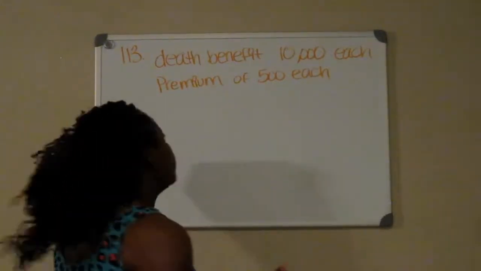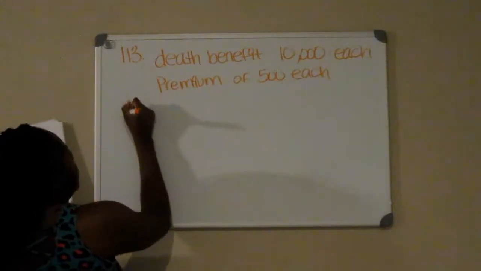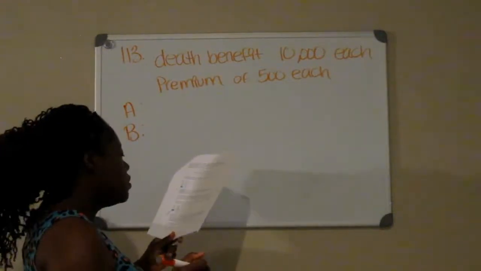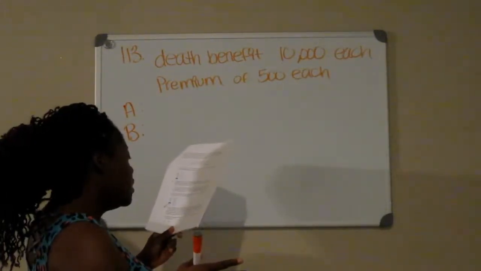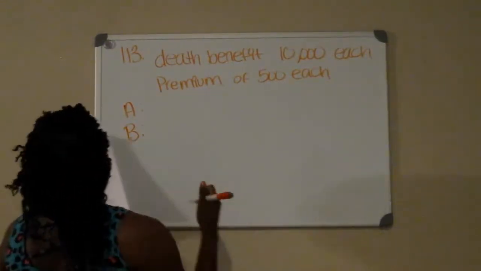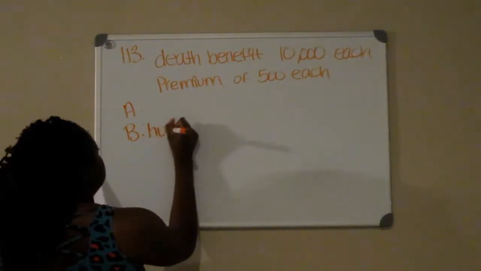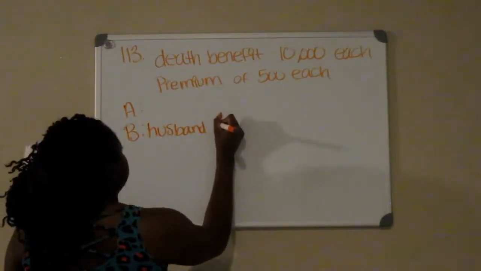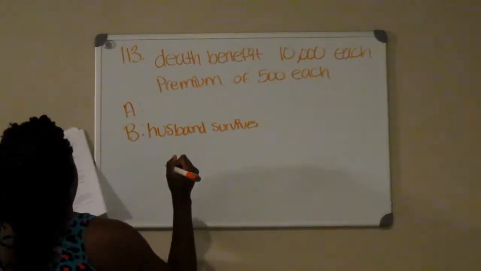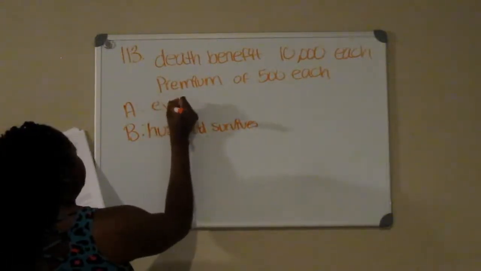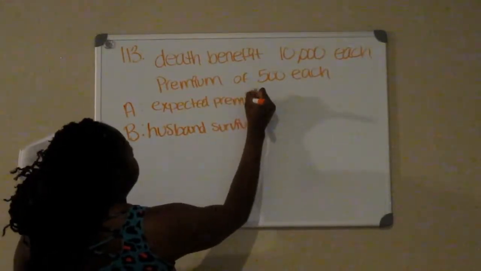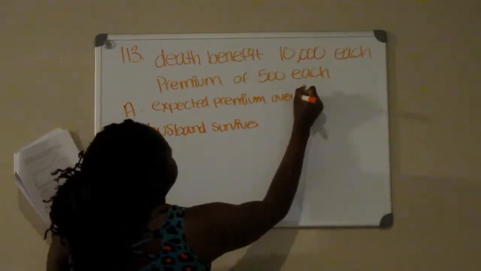Anytime I see a given problem, you don't have to do it like this, but I write it like this: A and B. Anything that comes after the word given, I put with my B. So, husband survives at least 10 years, and find the expected premium over claims.